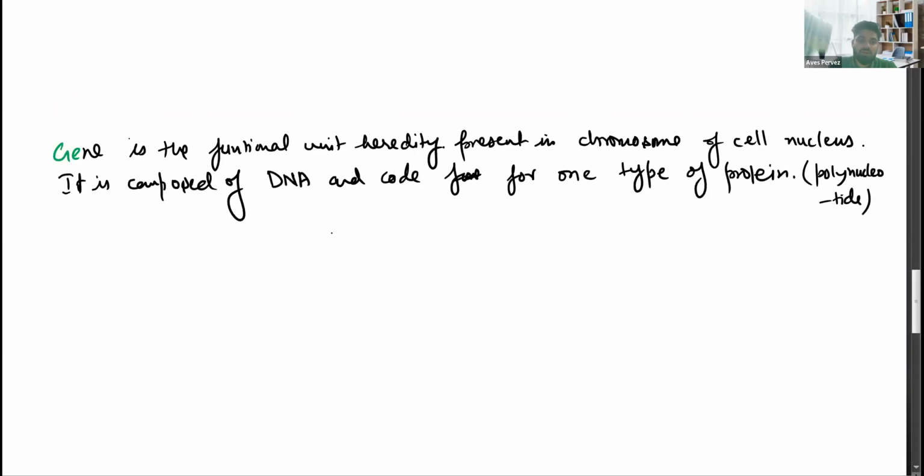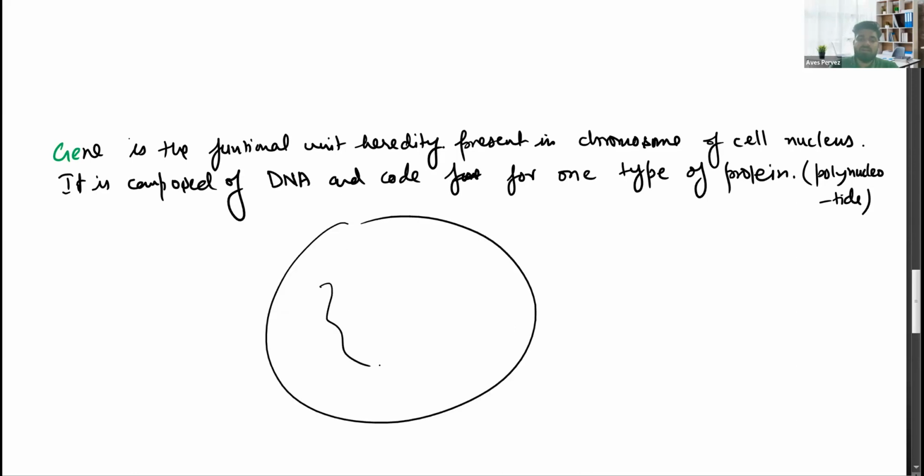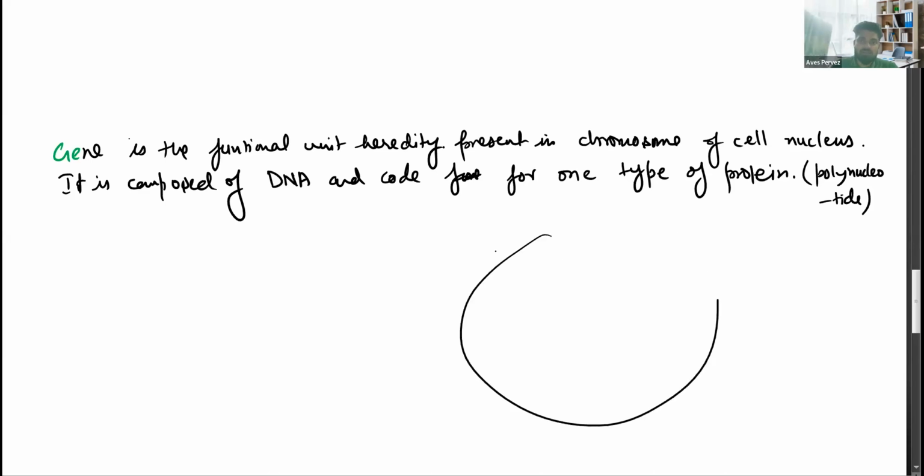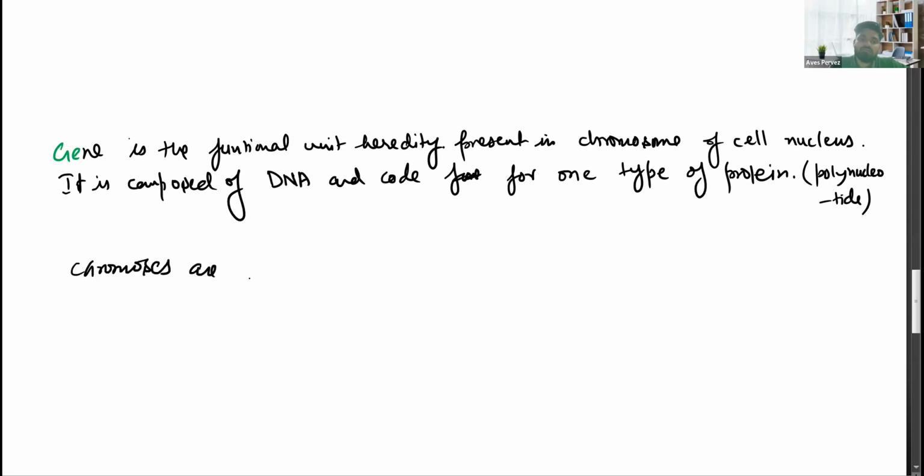DNA is scattered in the nucleus, but during cell division, the scattered DNA gets condensed and forms chromosomes, which look like X-shaped structures. You understood?